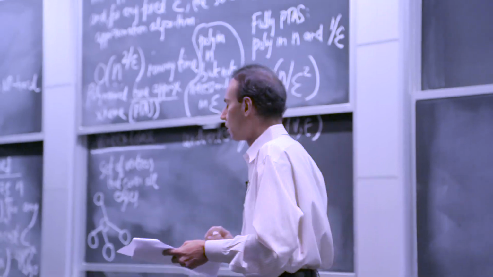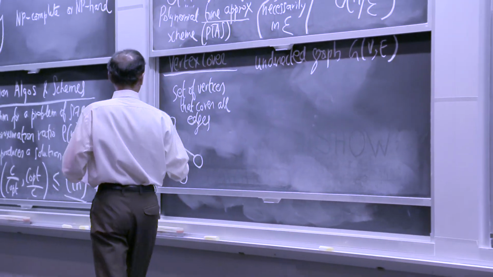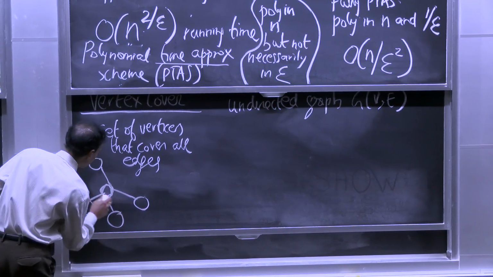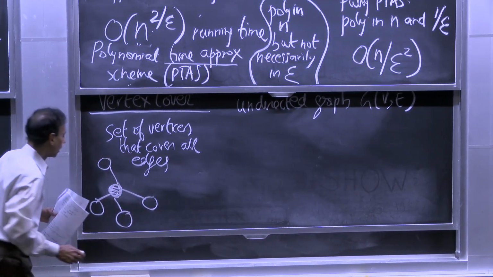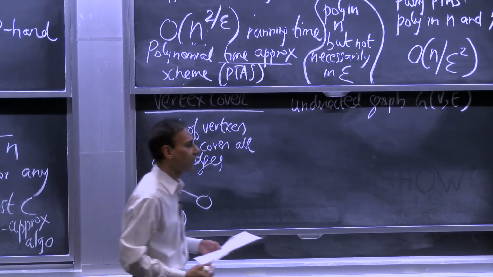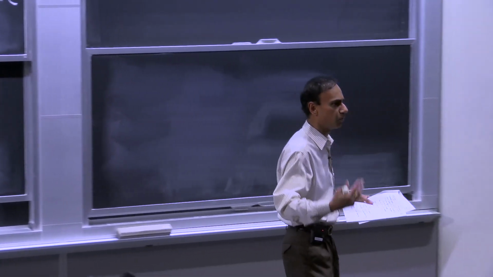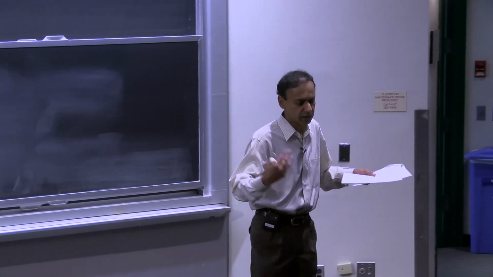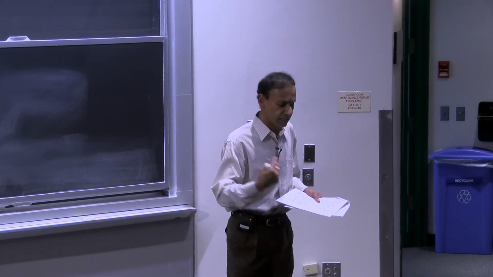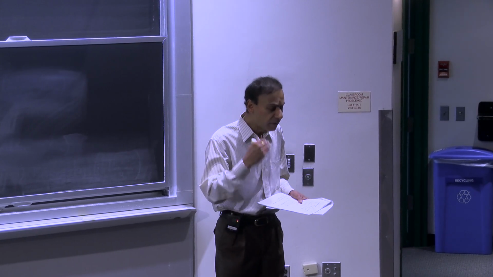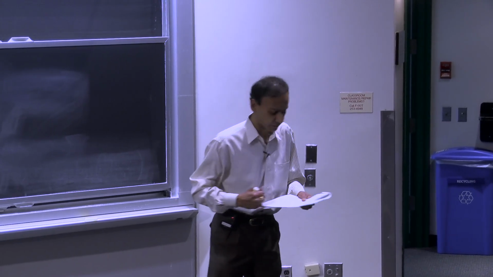So in this case, it's pretty clear that the vertex cover is simply that, because that vertex touches all of the edges. A vertex touches at least one endpoint of an edge, and this vertex cover that I've shaded touches every edge. So that's a vertex cover.